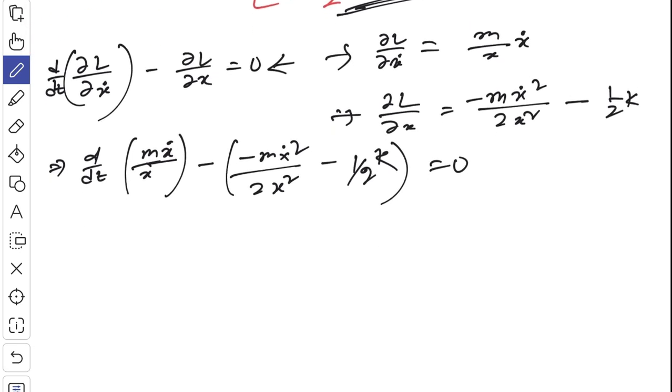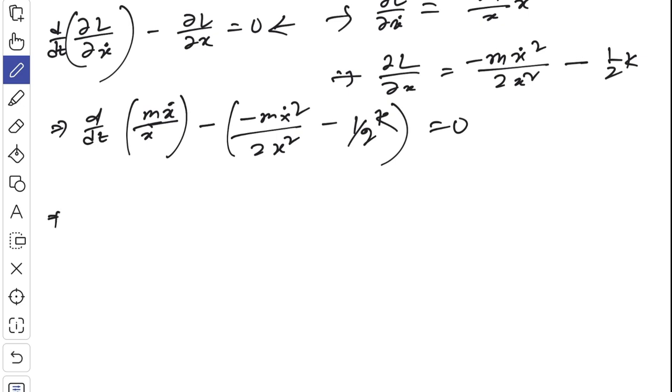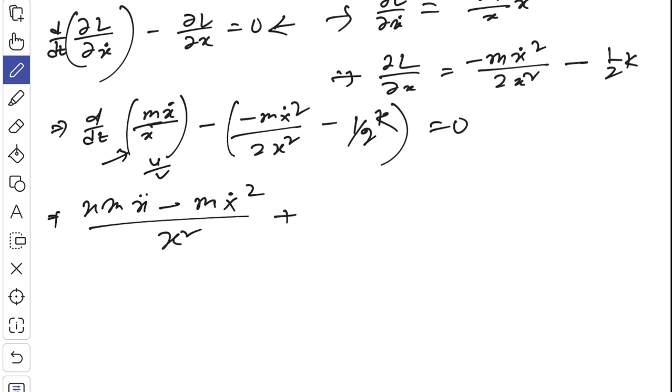Now let us simplify this. If you differentiate with respect to time t, using the quotient rule of derivative, you get x m x double dot minus m x dot square, divided by x square, plus m x dot square by twice x square plus k by 2 equal to 0.